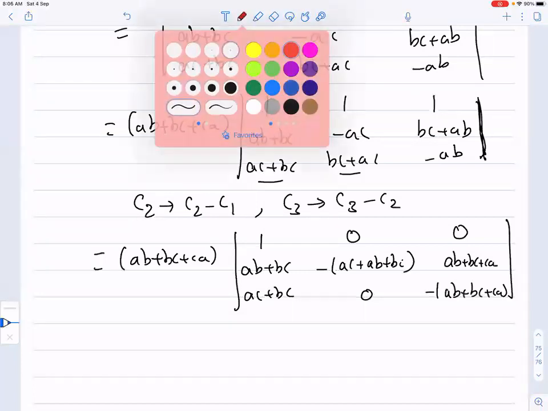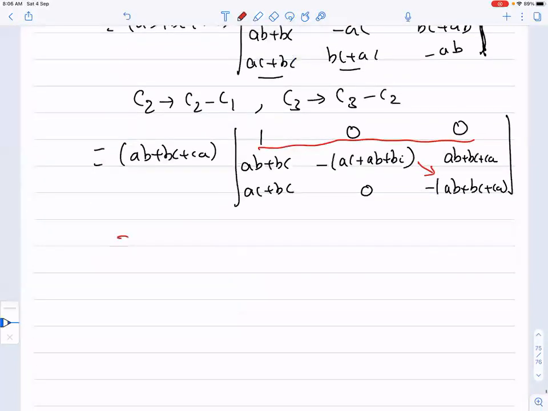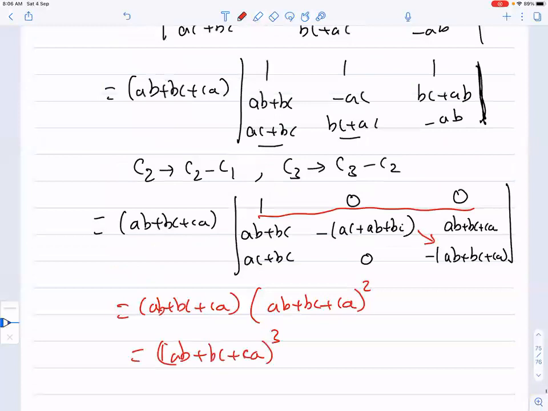Now all we are left with is a determinant, right? We'll open with respect to the first row. So we will get AB plus BC plus CA into AB plus BC plus CA whole square. Minus into minus will cancel. That will be AB plus BC plus CA whole cube. Is it clear, students?